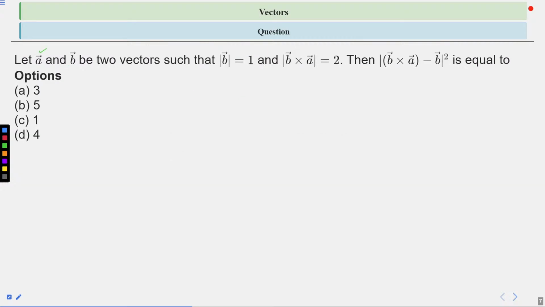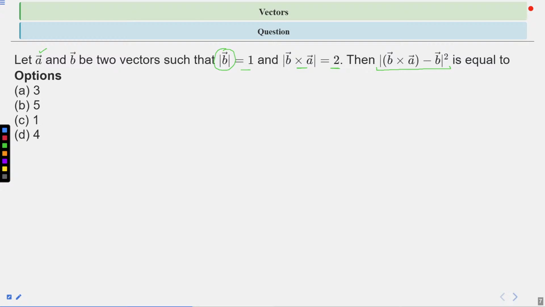Let A vector and B vector be two vectors such that the magnitude of vector B is equal to 1 and the magnitude of B vector cross A vector is equal to 2. Then what is the value of this one? Magnitude square of B cross A minus B vector is equal to what?